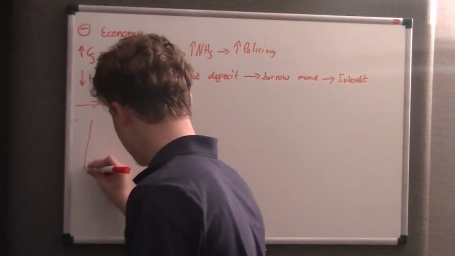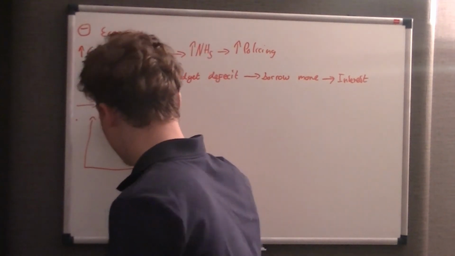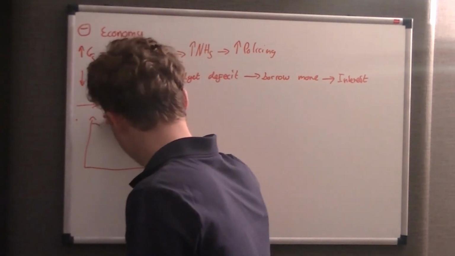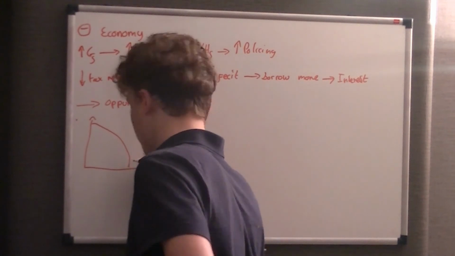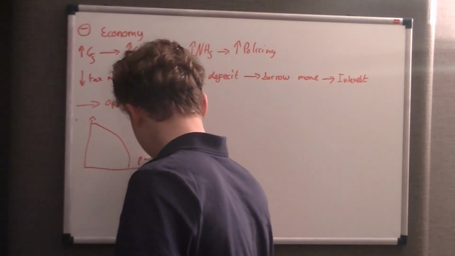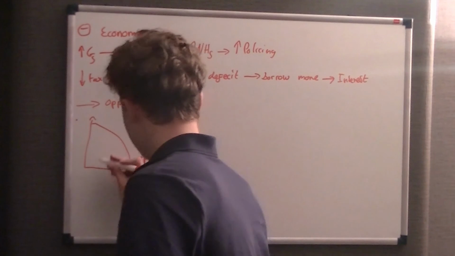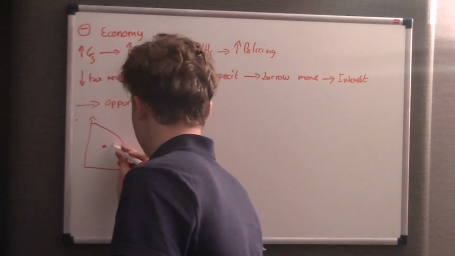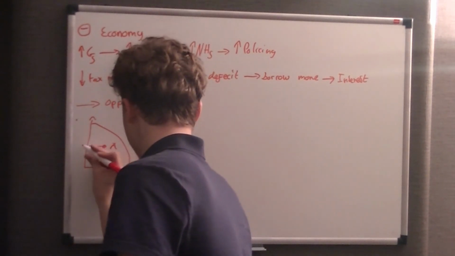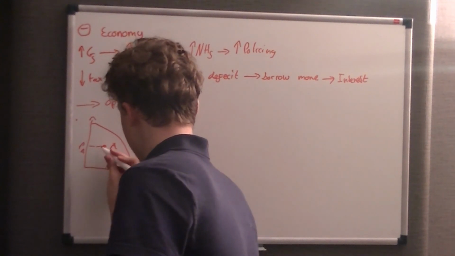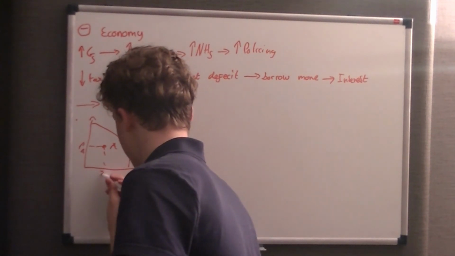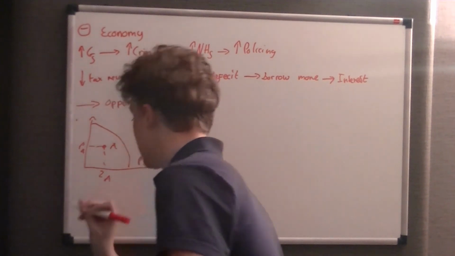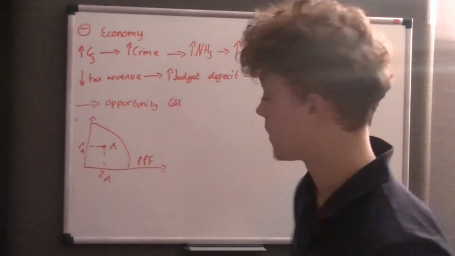So we are back to, you could show off your knowledge of the PPF from F581. So you get your PPF. We lie inside the PPF, say at point A, with PA and ZA, P and Z just being two different types of goods.